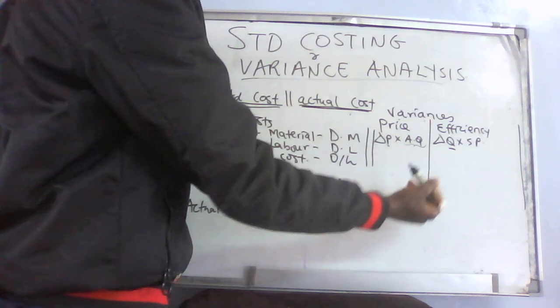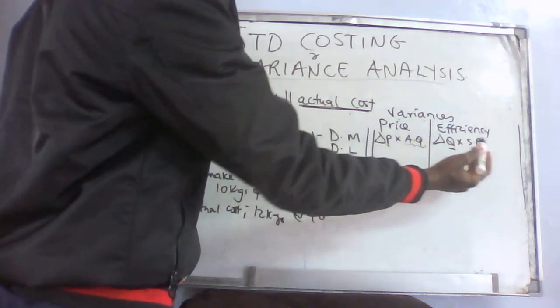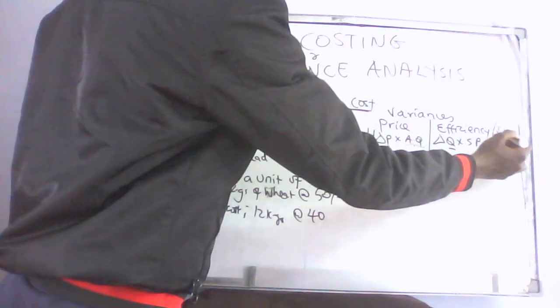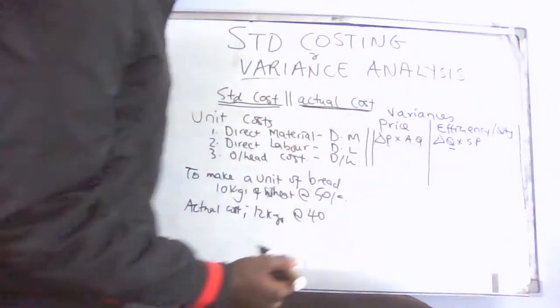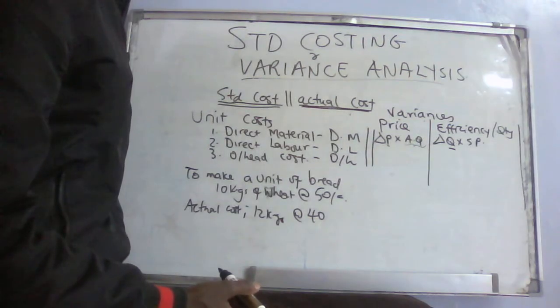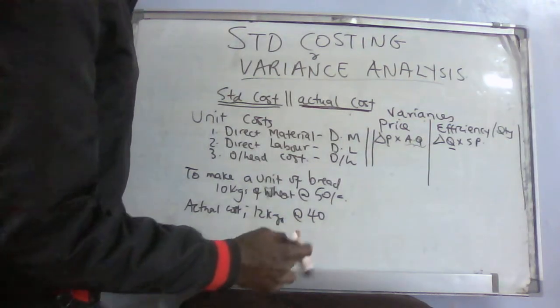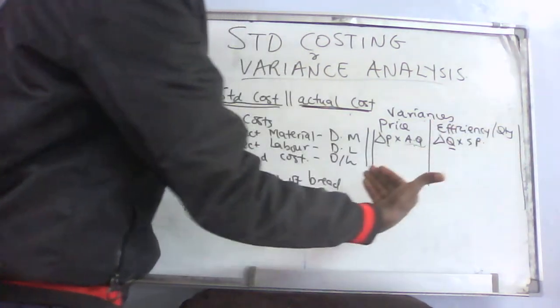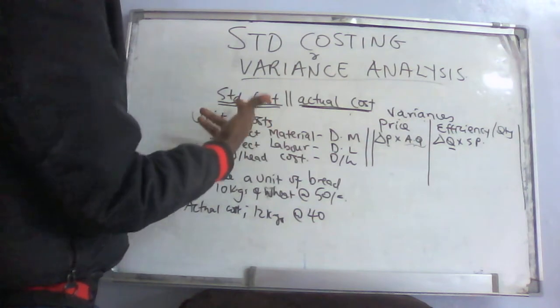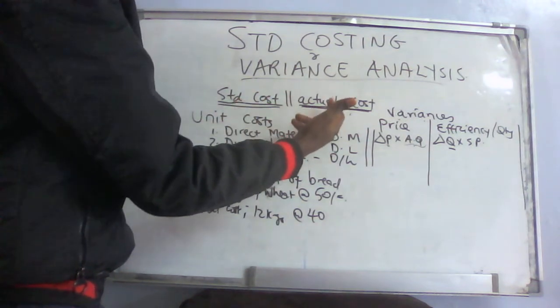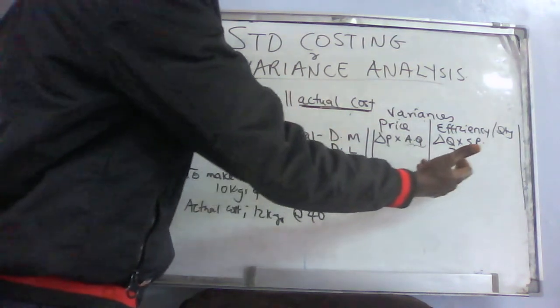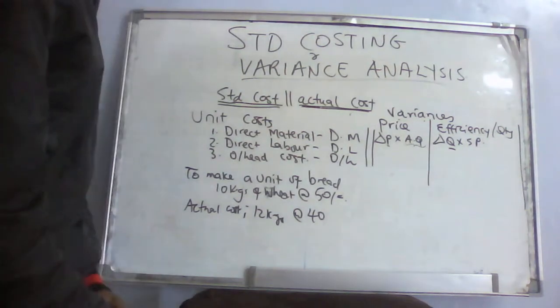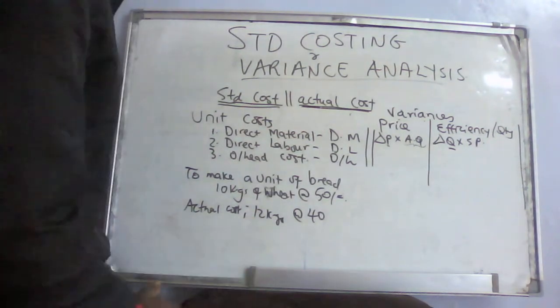Quantity and efficiency are used sometimes interchangeably, but the main focus is that we check how quantity has changed, the quantity that we projected, standard cost versus the actual quantity that we have used, and then we multiply by standard price. Now let's now plug in this.